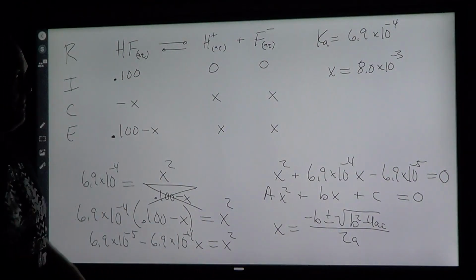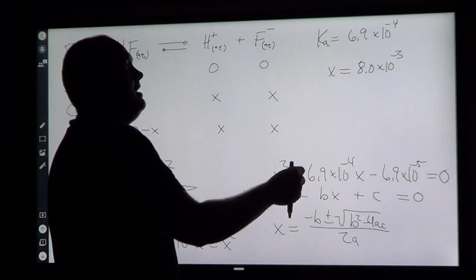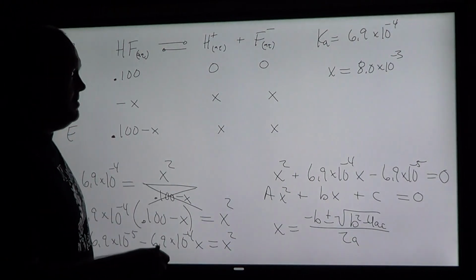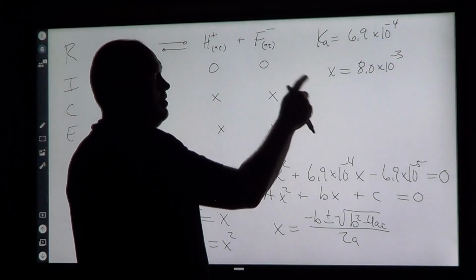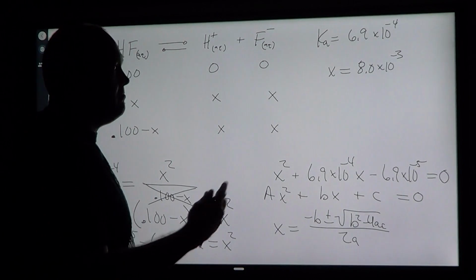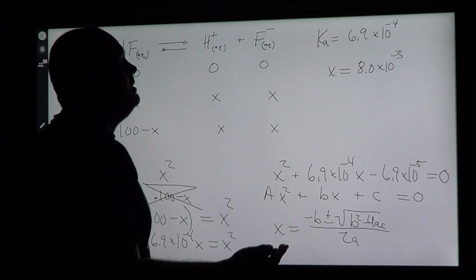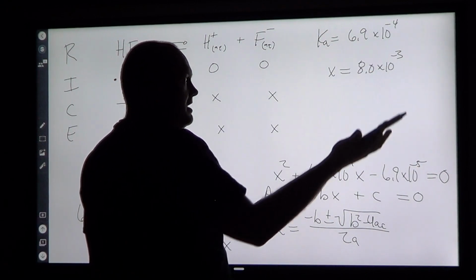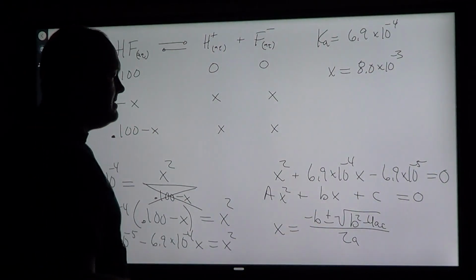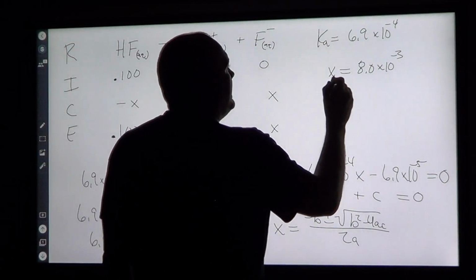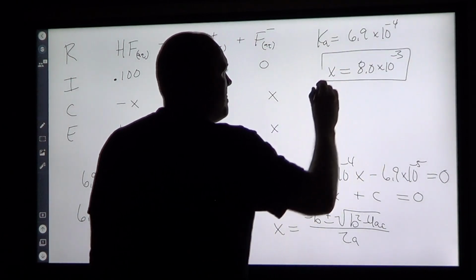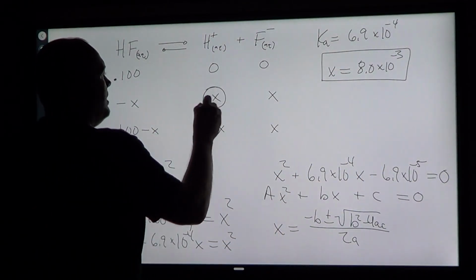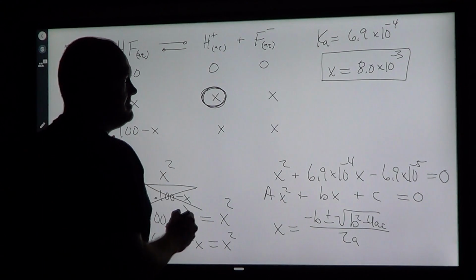Okay? Now, that answer is very close to what we had on the last problem, 7.9 times 10 to the minus 3, which is why we know it's correct, because it's within a sig fig of where we were at. But that means that that is the concentration of H+.